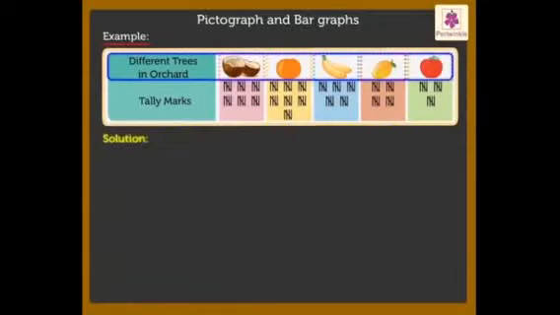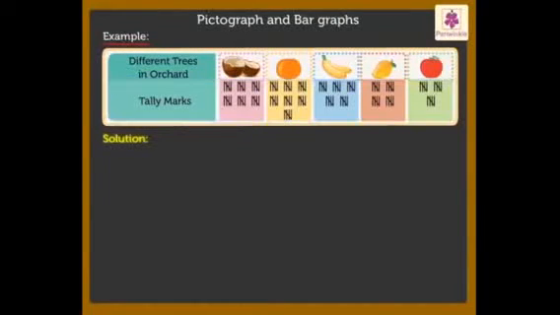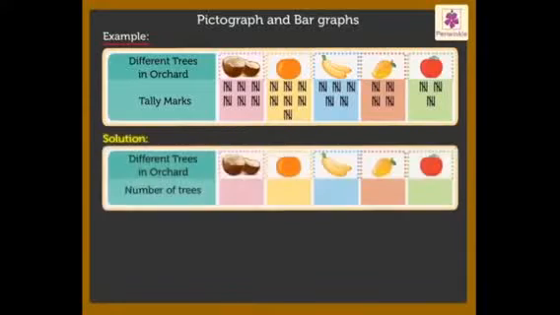There are many types of trees in this huge orchard. They are represented using tally marks. On adding the tally marks information, we get the total number of trees as shown in the table below.